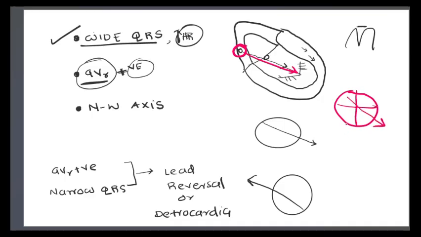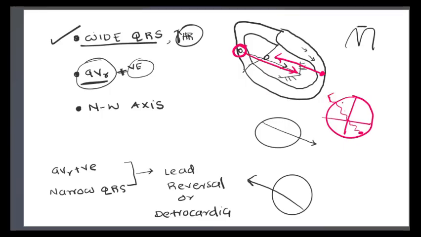But in ventricular ectopic, the impulse goes from down to up. Here is the ectopic and it's firing up. So the axis would be here. From here the impulse is firing, so the axis would be here.